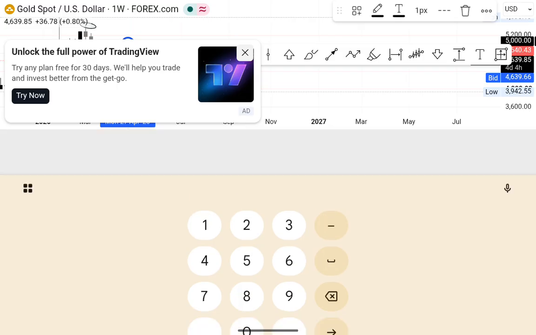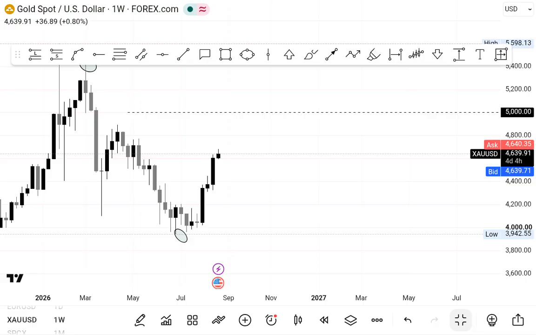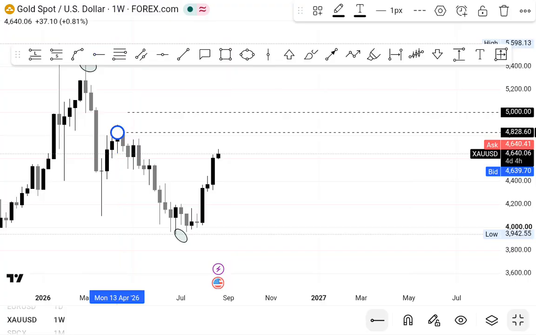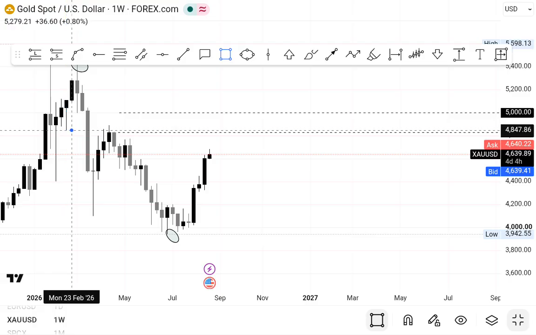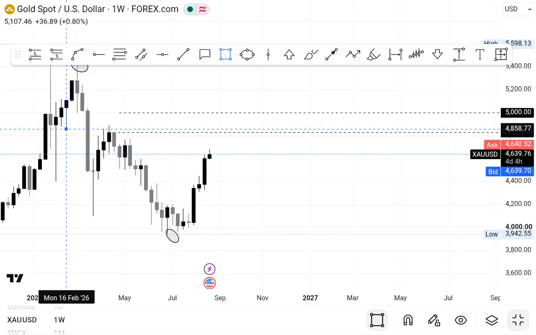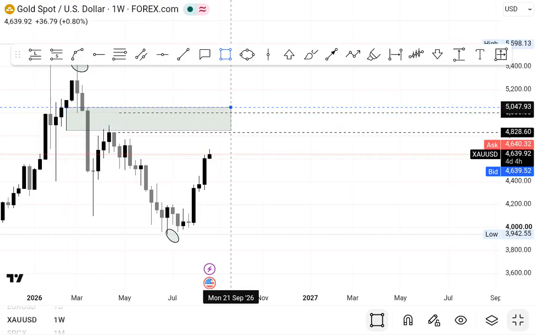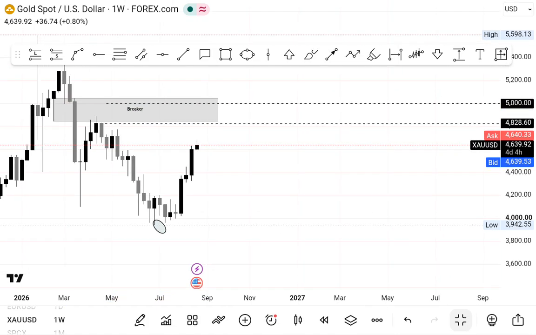So then we can lock it. We have 5,000 there, but the real movement is around $4,822. But between those spaces, between 5,000 and 4,822, we have a breaker block here that price can come and retrace from. This is a major breaker block.